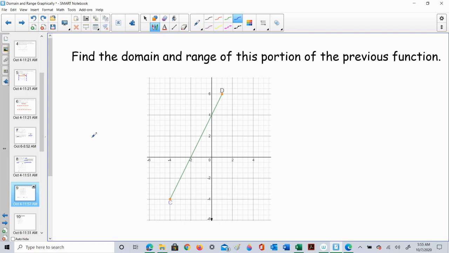So how would you find the domain and range of this portion of the previous function? I'm quiet now because you should be trying to figure this out on your own, and I will give you a minute or two to try that.